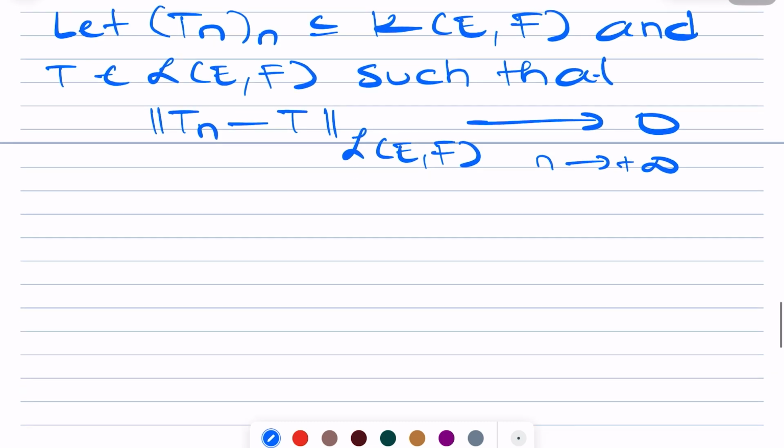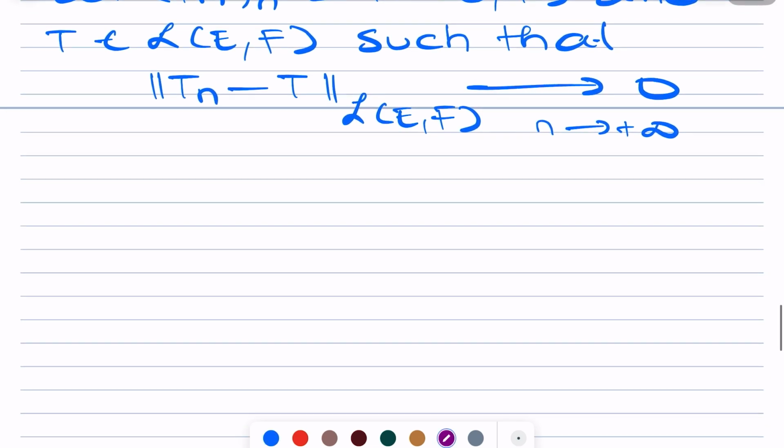Our goal is to show that T is a compact operator.